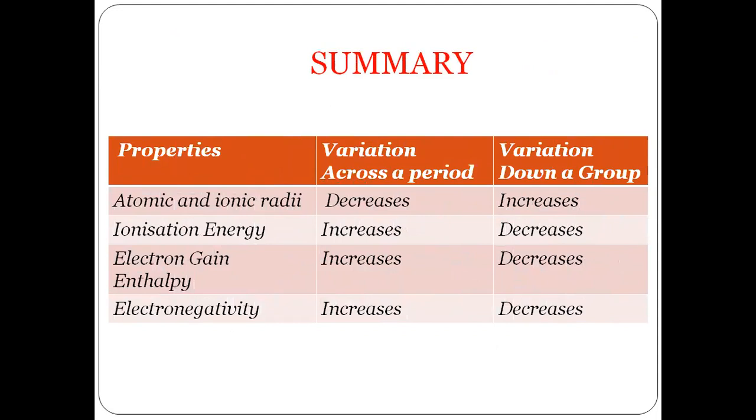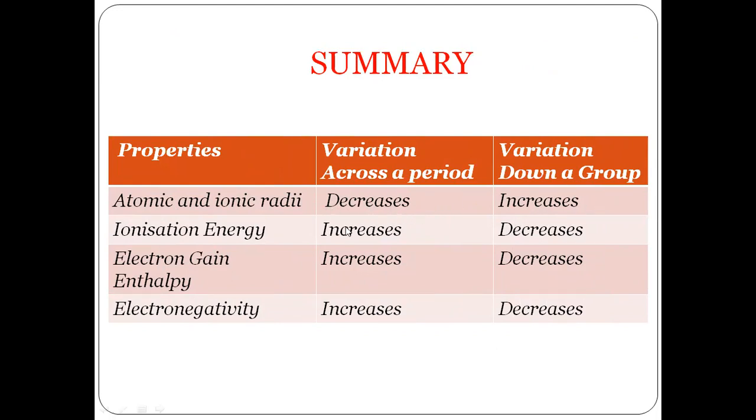Now finally, if I try to summarize, this is very important. We have done 4 properties: atomic radii, ionization enthalpy, electron gain enthalpy, and electronegativity. Always remember that variation across a period, atomic radii decreases. Variation down a group, it increases.